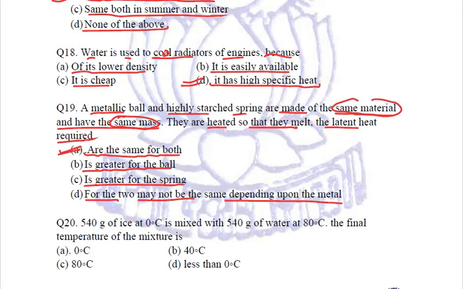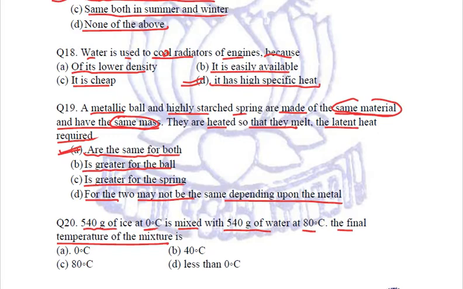Now try to relate. This is a numerical that is coming up. 540 gram of ice at 0 degree Celsius is mixed with 540 gram of water at 80 degrees Celsius. Now, the final temperature of the mixture is? In this, we need to make certain calculations.